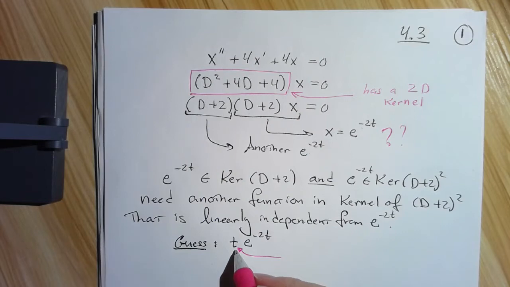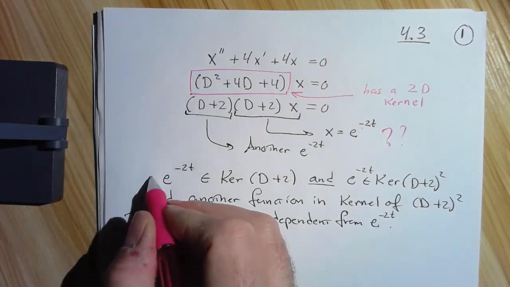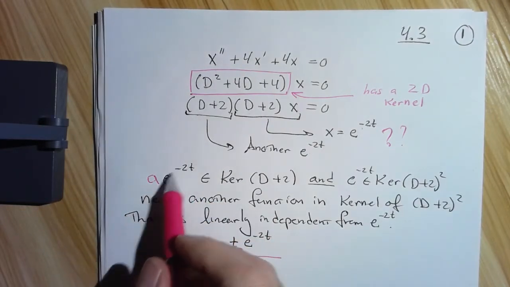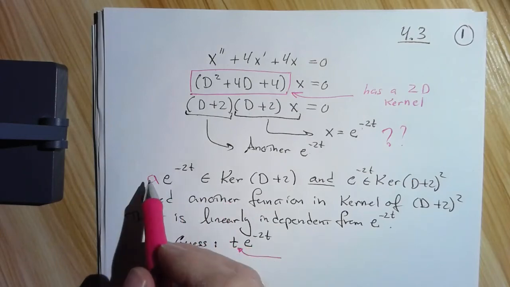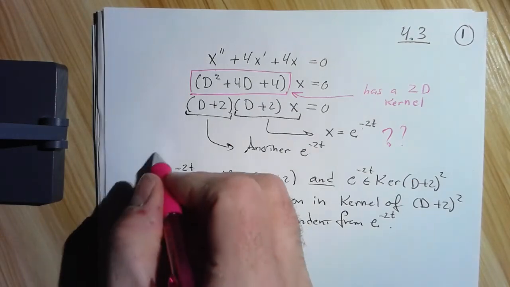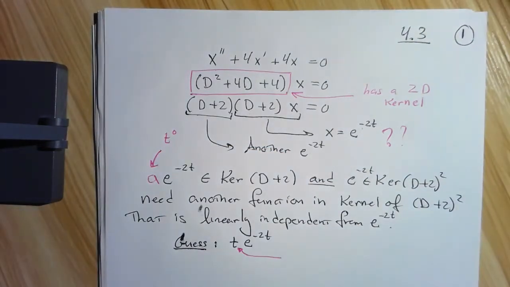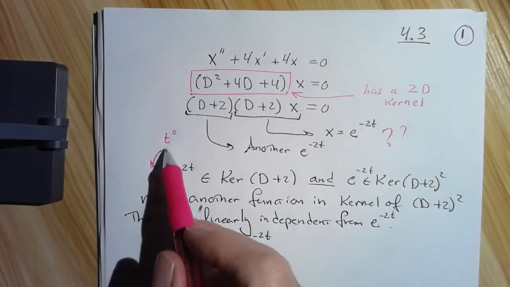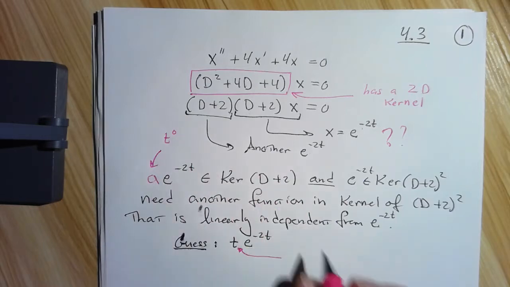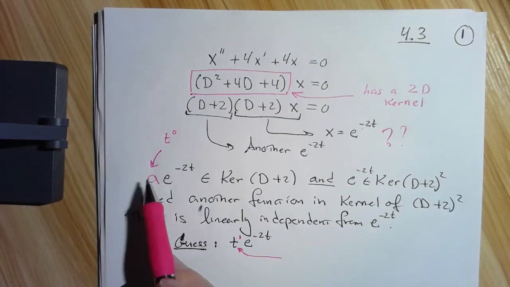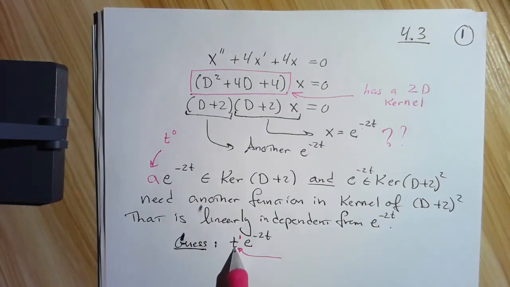This is only one step removed from a constant. All constant multiples of this function are in the kernel. And what's a constant? Well, a constant is really a t to the 0 kind of situation, right? t to the 0 is 1, so any multiple of t to the 0 is a constant. This is t to the 1. So if you think of it that way, I'm going from a constant to a linear function. So just a tad bit more complicated.